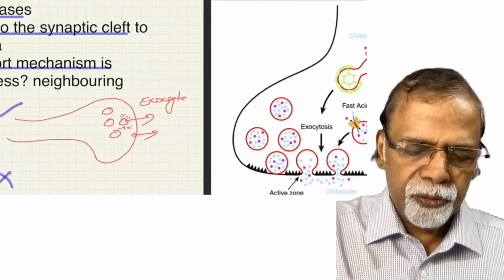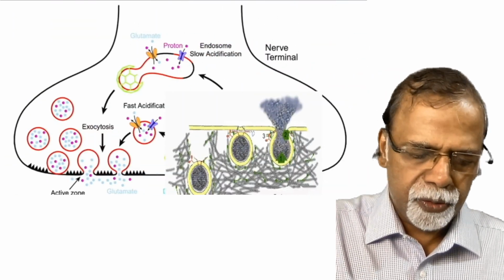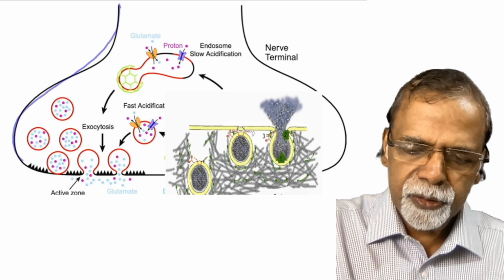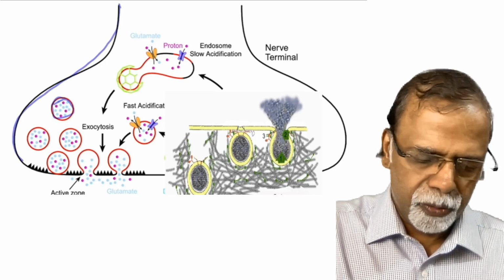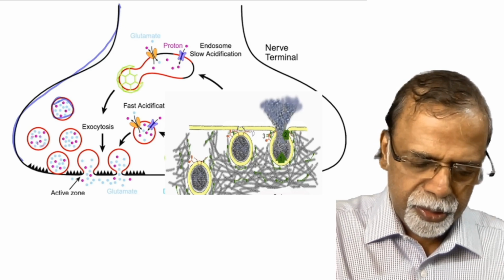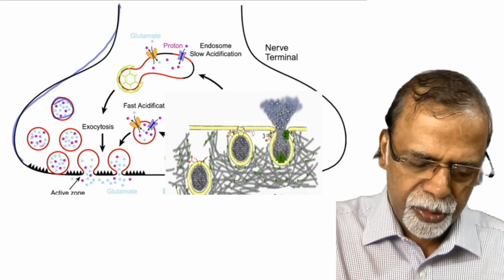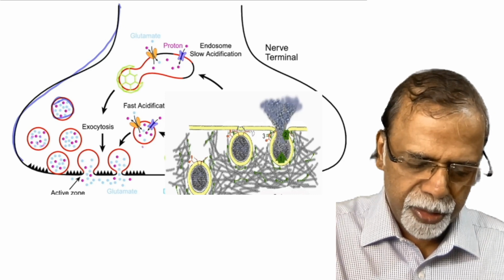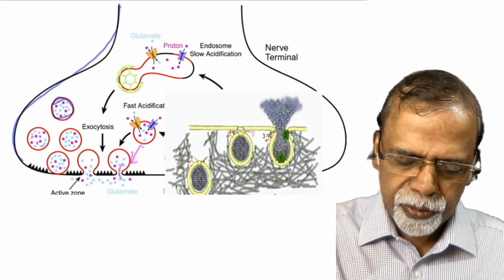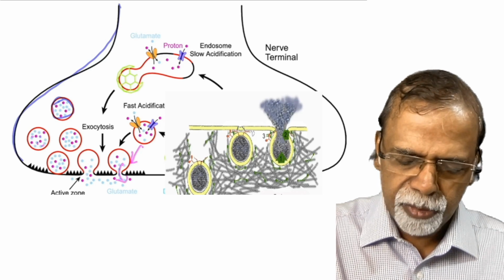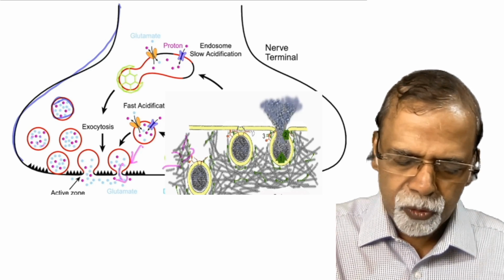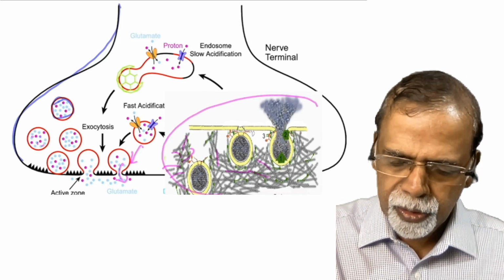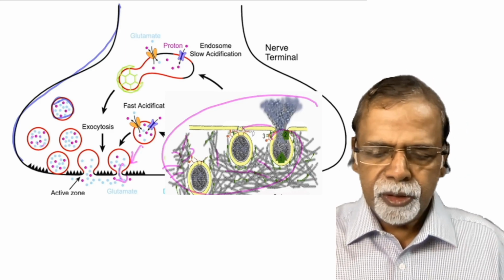So it is an enlarged view of the nerve terminal. So here you can see these are the synaptic vesicles which contain the neurotransmitters. When the impulse comes, it fuses with the cell membrane and contents are released. This is what I have said, the actin and myosin filaments help for the movement of the synaptic vesicles towards the cell membrane. Hope this is clear to you.